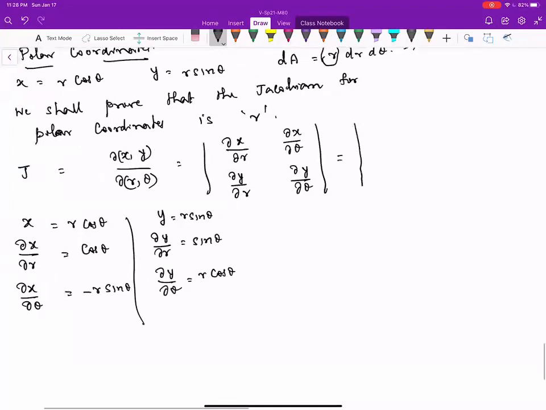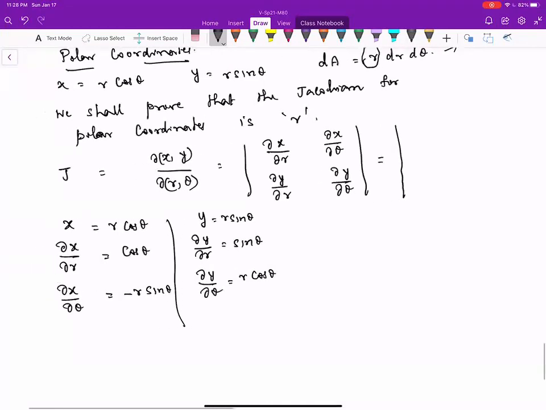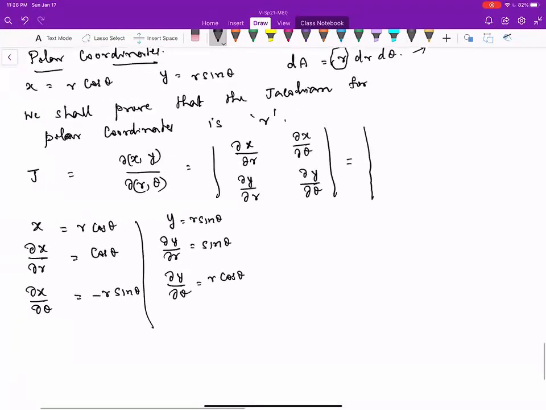We substitute these values over here. It's cosine theta, minus r sine theta, then in the second row, sine theta, r cosine theta.